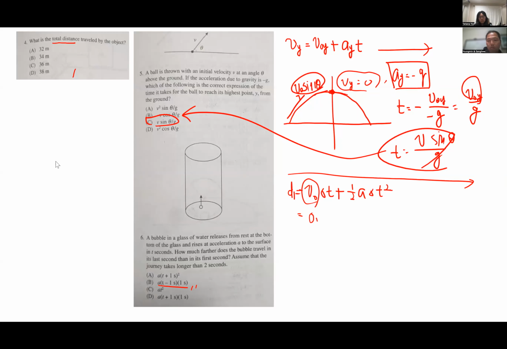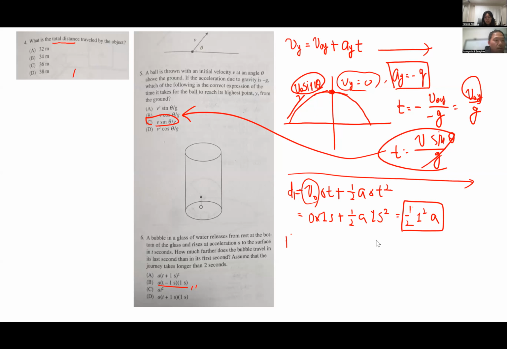Hold on. Okay. Once times 1 second plus 1/2 a times 1 second squared. So that is 1/2 times 1 second squared times a, right? We don't know the acceleration, but it doesn't matter. We're going to use that as part of the variable.